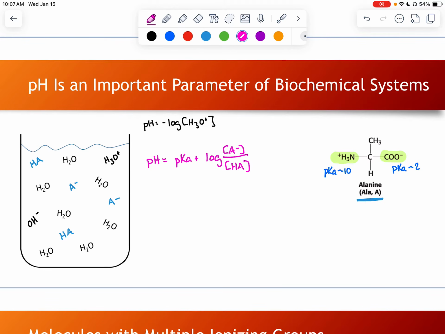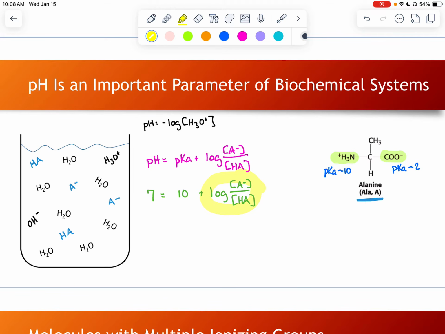So let's think about what happens if I drop my alanine into a solution that has pH of 7. Let's think about just the amino terminal. So pKa would be 10. When I look at this, I need this whole piece to give me a negative number, in particular, -3, right?